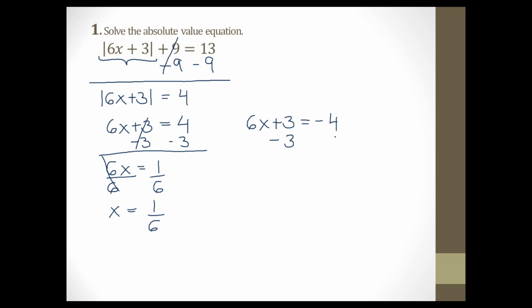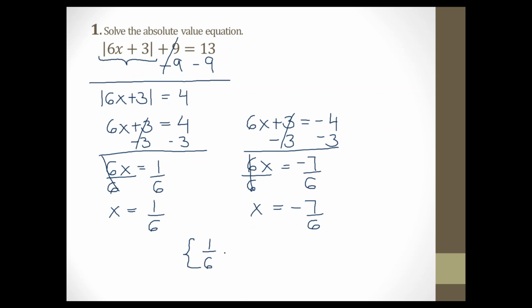Subtracting 3 from both sides, we have 6x, and then negative 4 minus 3 is negative 7. Last step, to get x by itself, divide by 6, and that leaves me with x equal to negative 7 over 6. So for this absolute value equation, we basically get two answers. One of them is 1 over 6, and the other one is negative 7 over 6.